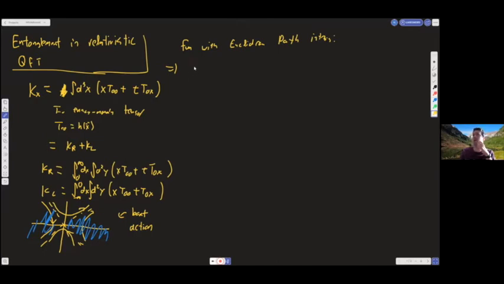It tells you that the ground state of any relativistic quantum field theory has the following expression. I'll put e to the minus pi omega_I. I'll define these symbols in a sec, but I'll write them first.